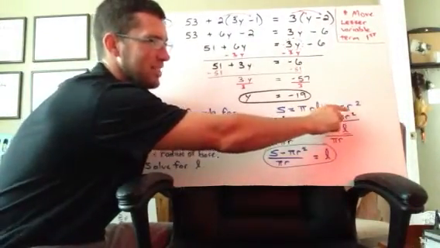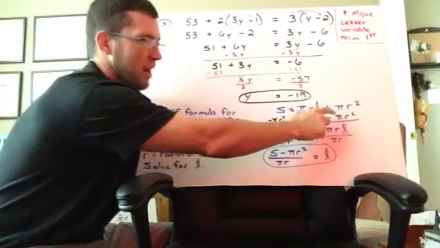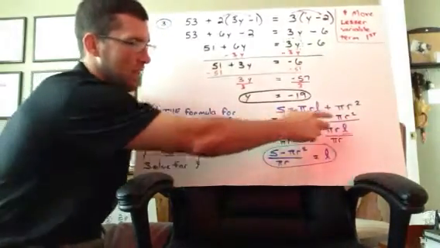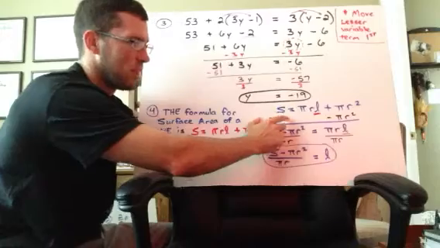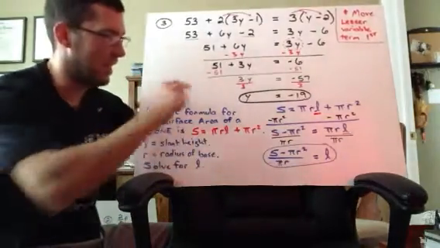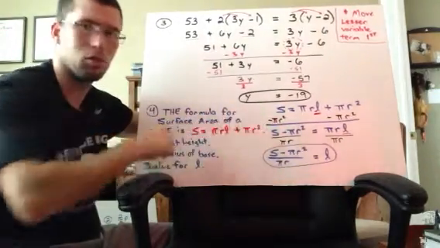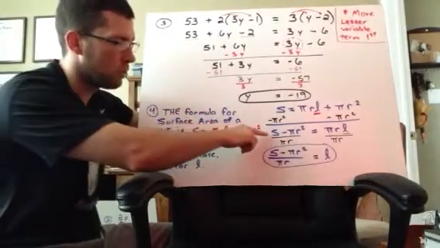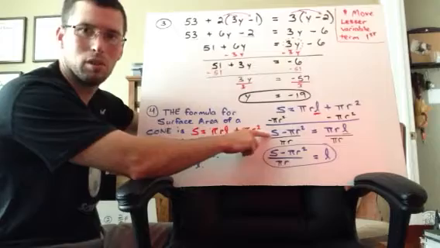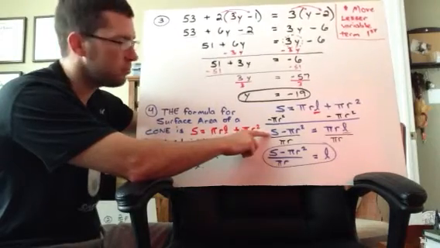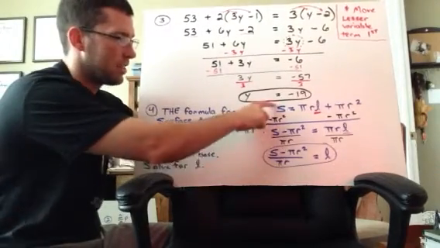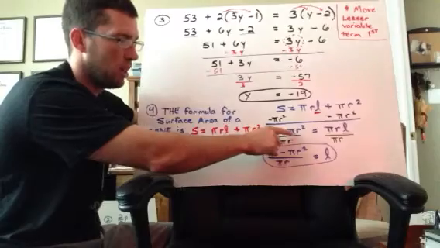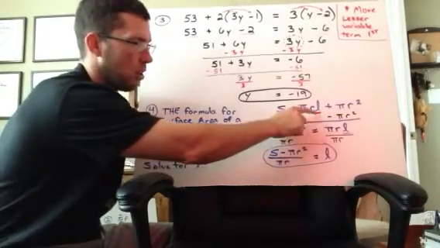I subtract the entire term from the right side, and I subtract that entire term from the left side. I think it's pretty obvious that the S and the pi r squared do not look alike. So when you subtract those, all you have to do is simply write them out like I have here in blue. So you have S minus pi r squared equals pi r L on the right side.